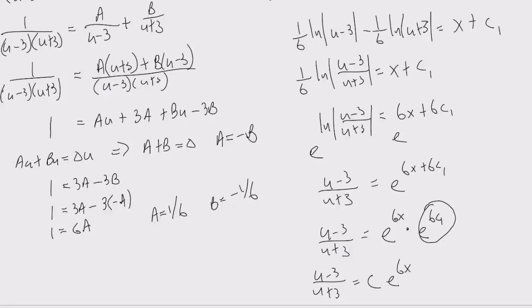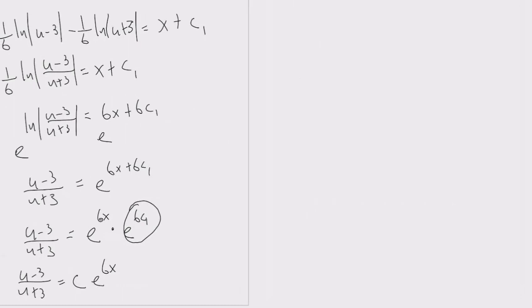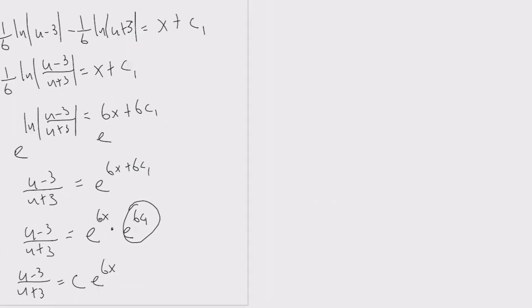Now what? Let's see if I can do something about isolating out u. It'd be nice if I had a single expression in terms of u. So u minus 3 over u plus 3 equals c e to the 6x. And let's multiply by u plus 3.